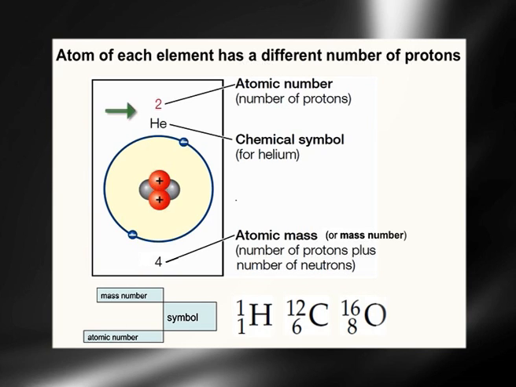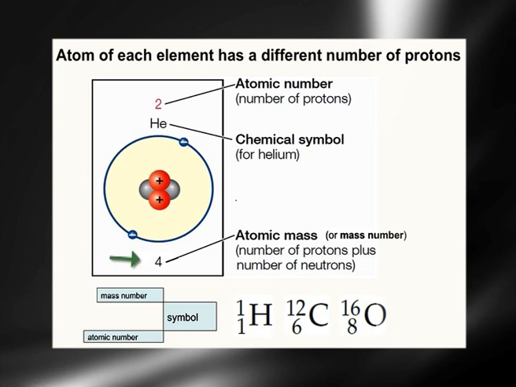In helium, you can see in the nucleus there are 2 protons, so its atomic number is 2. On the other hand, there is another term called atomic mass or mass number, which represents the total number of protons and neutrons in the nucleus.